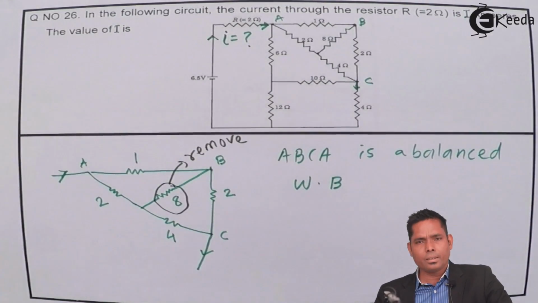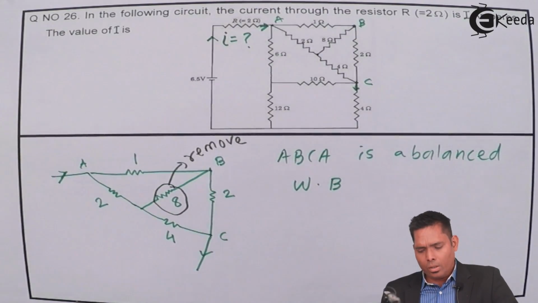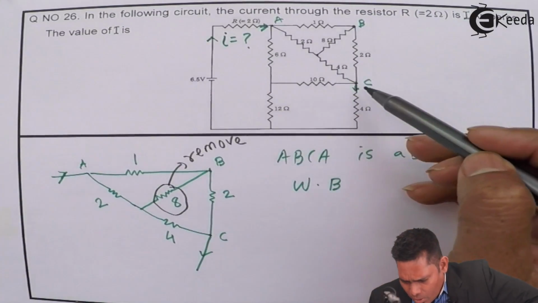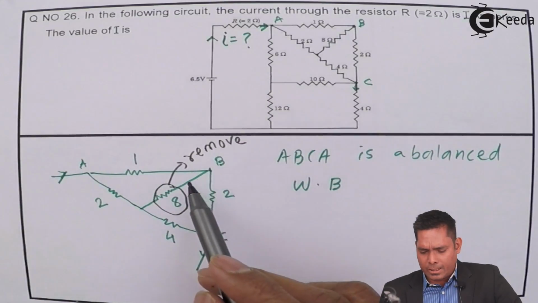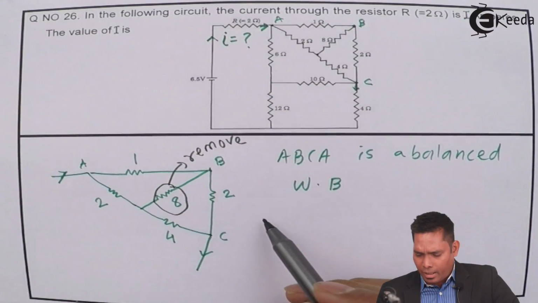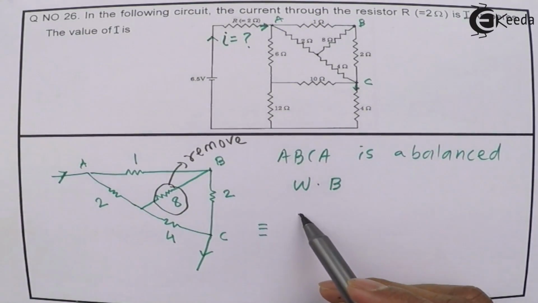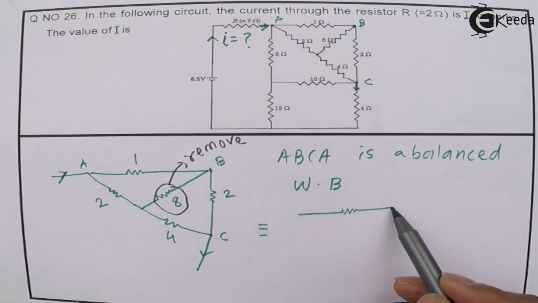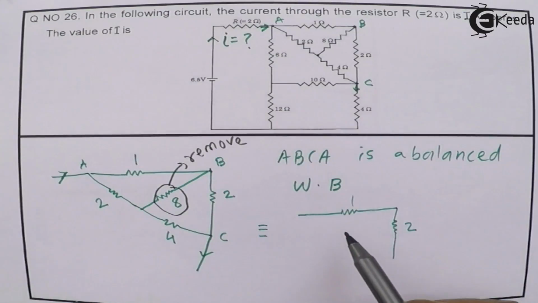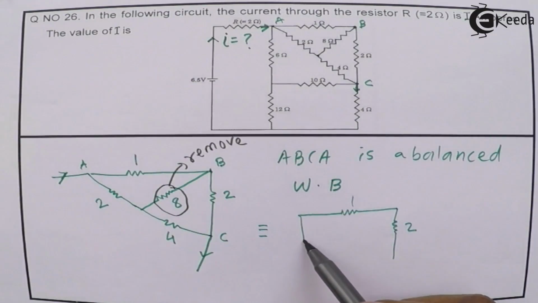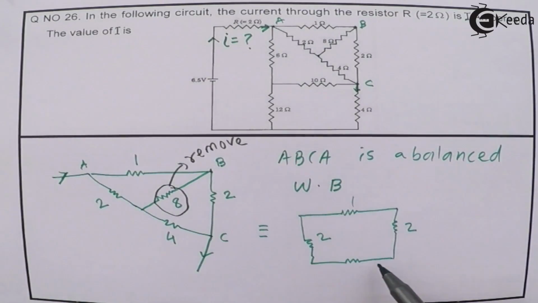We remove this part and redraw the picture. This AC together forming the Wheatstone bridge will have an effective resistance. If this is withdrawn, this diagram will look like this: this is A, this is 1, this is 2, and here it is 2, and here it is 4.